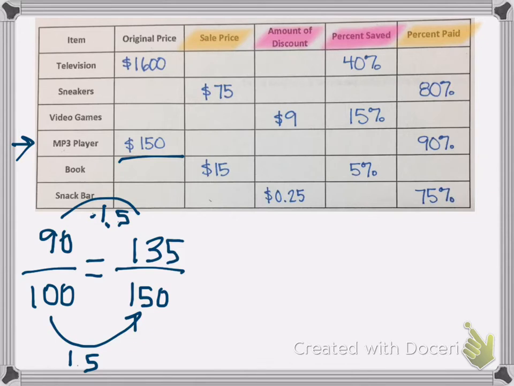So the part is 135. But the question is, which part? Well, remember, we did 90%, which was the percent paid. That's going to help me find the amount paid. So that's the part that I found. It's $135.